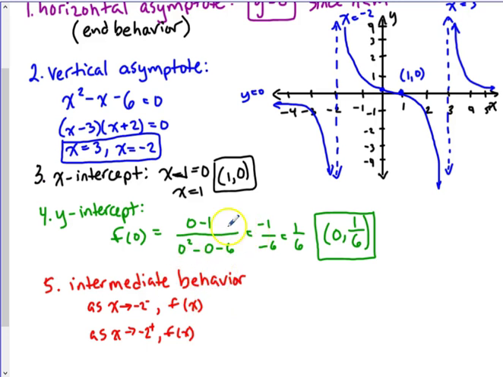Okay, so hopefully you realize from the left, the y values of the function are getting smaller. They're approaching -infinity. And the opposite is true, although it won't always be true. Don't assume that it's always the opposite. The opposite is true as we're going from the right side approaching the asymptote of -2. F of x approaches infinity.